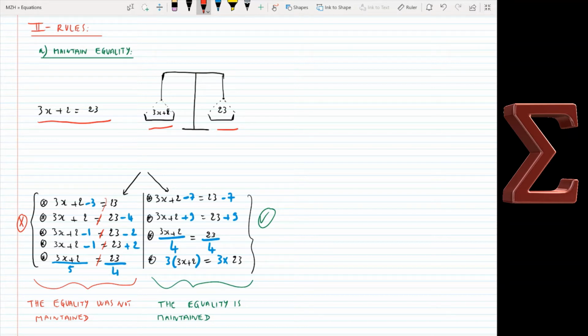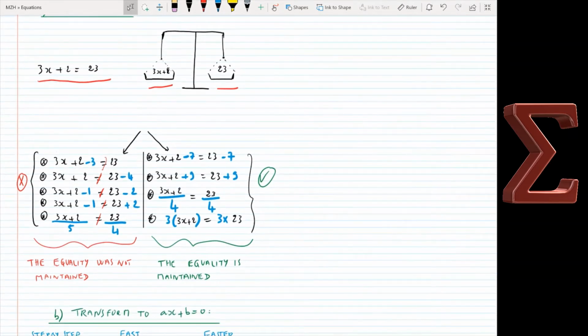But so far, please bear with me, and let's walk through how we can maintain this balance, this equality, and how we can violate that. But the important rule is to always maintain equality when solving an equation. So let's start by looking at the right side.